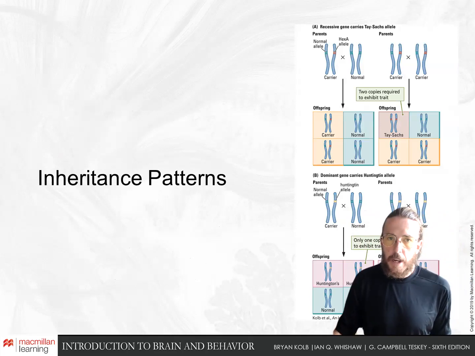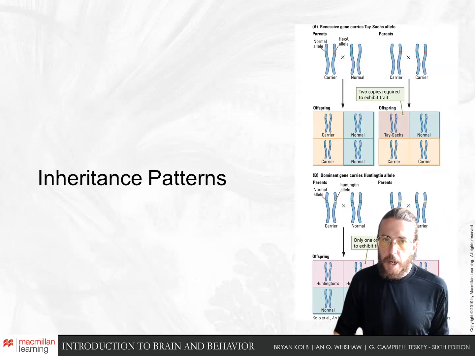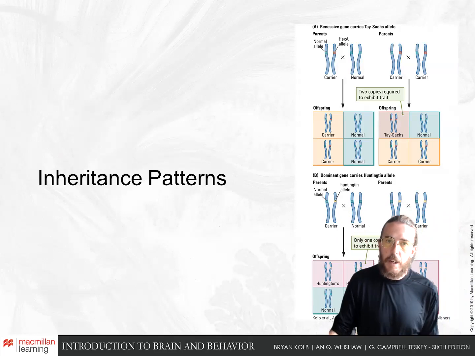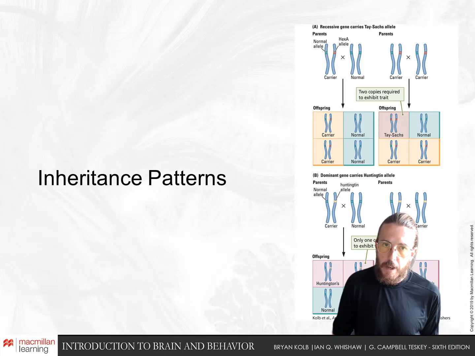So here's Tay-Sachs, in which someone can live a healthy, normal life if they're heterozygous for the gene for Tay-Sachs. They have a dominant gene, and they have a recessive gene that carries the mutation.